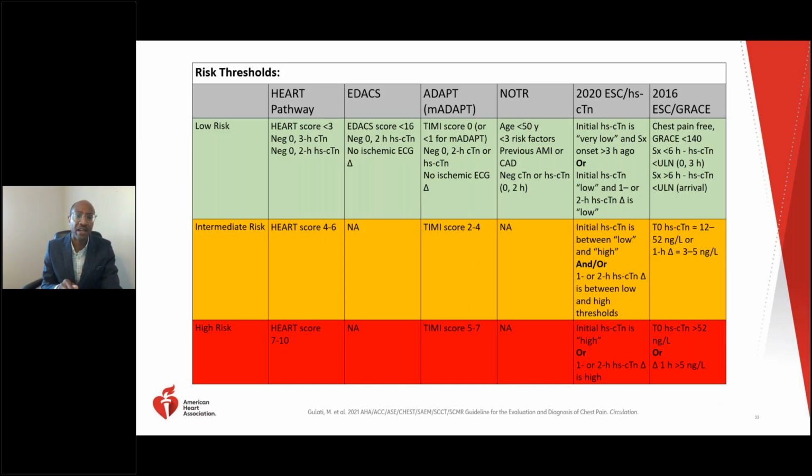All really are mechanisms that can be used by your healthcare system and your clinicians to guide the clinical decision making for chest pain evaluations.